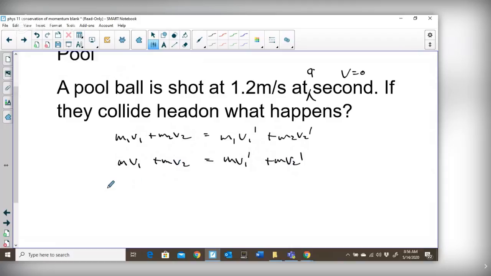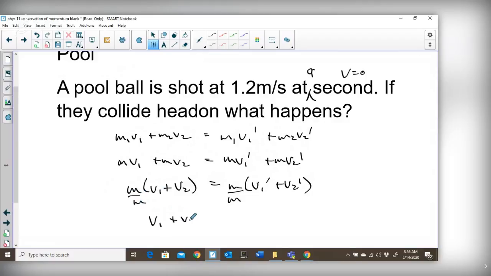And then we could factor the m out. So we have m(v1 plus v2) is equal to m(v1 prime plus v2 prime). Then we can divide both sides by m, and what we have is v1 plus v2 is equal to v1 prime plus v2 prime.